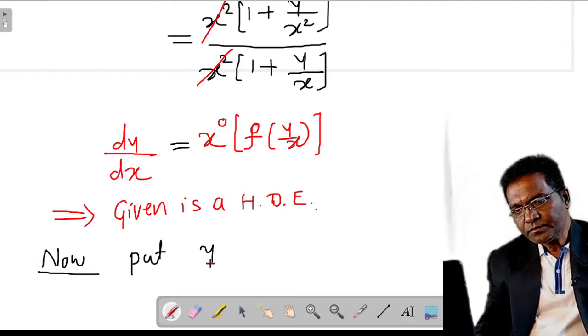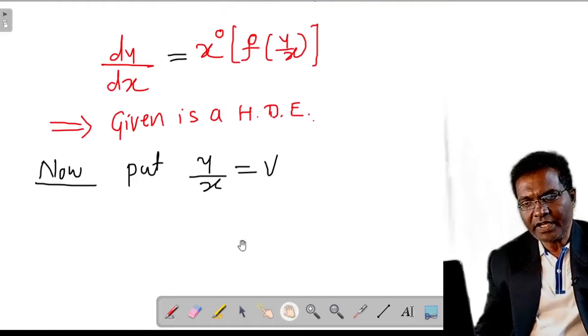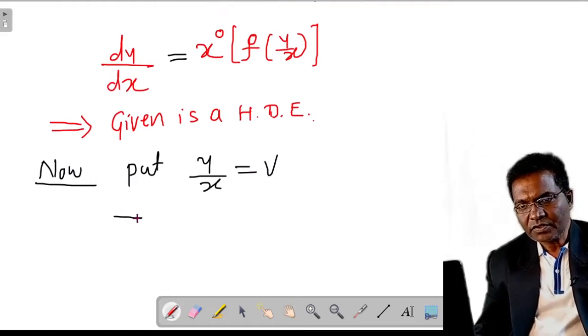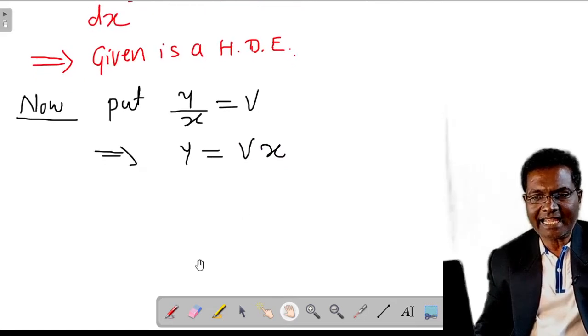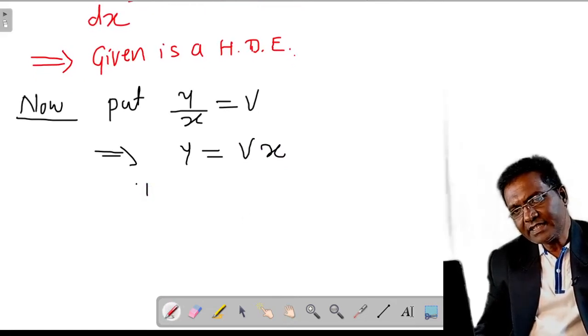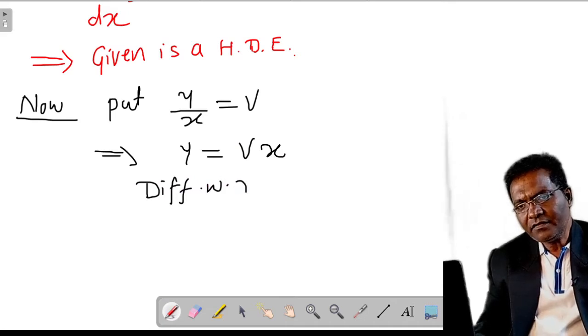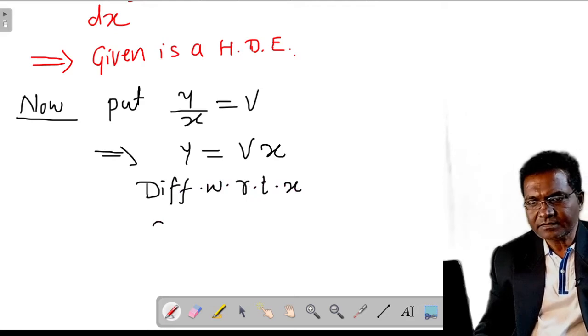Put y by x equals v. So this implies y equals v x. As I said earlier, you have to find the value of dy by dx. Differentiate with respect to x.